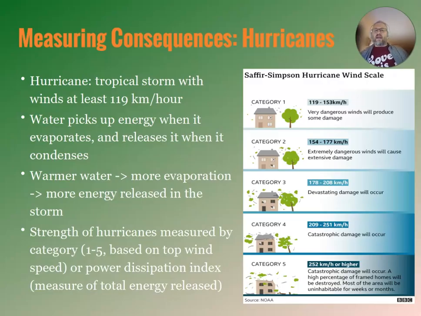So a hurricane forms because water is picking up energy as it evaporates and then releasing it when it condenses. And so we talked about that process when we talked about how things like sweating cool you off, right? Because as the sweat evaporates off your body, it's picking up energy from you and cooling you down. But then when water condenses back into liquid form, it's going to release that energy.